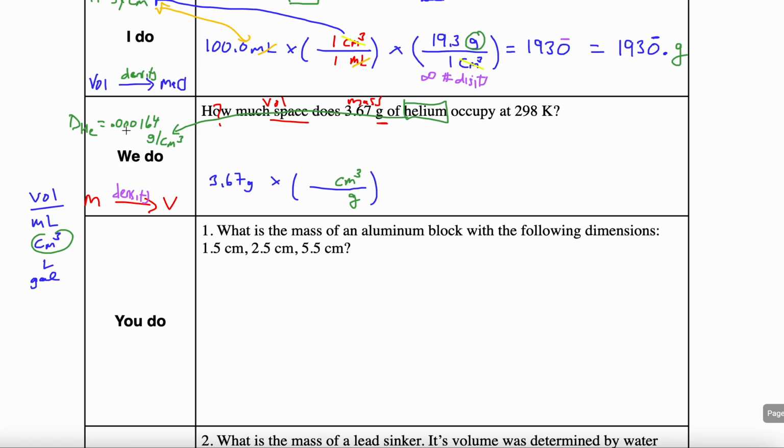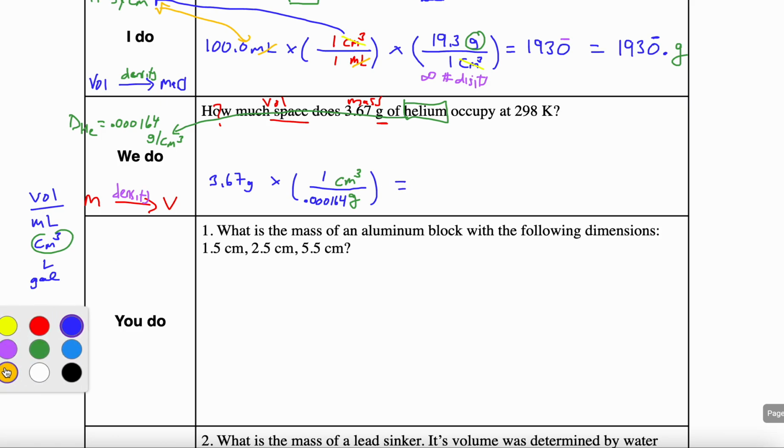So that 0.000164 goes wherever I put the grams in the fraction. So if grams is in the denominator, that number goes in the denominator next to the grams. And it's 0.000164 grams per centimeters cubed. So wherever I put centimeters, it's that per 1 centimeters cubed.